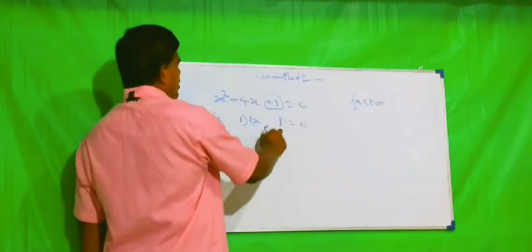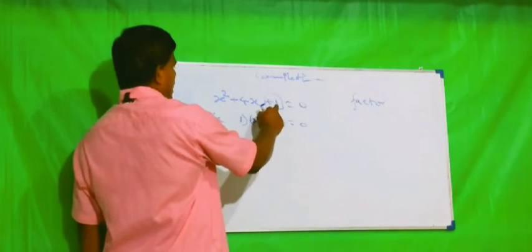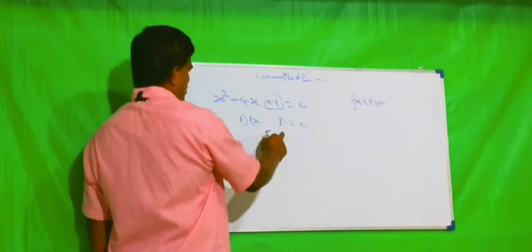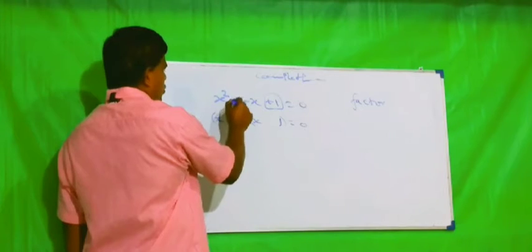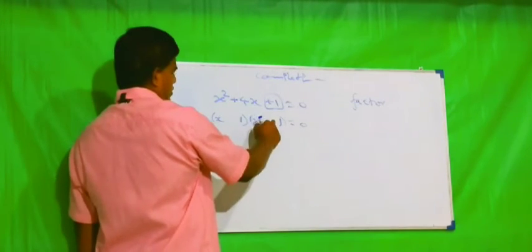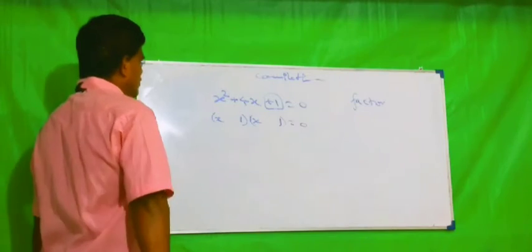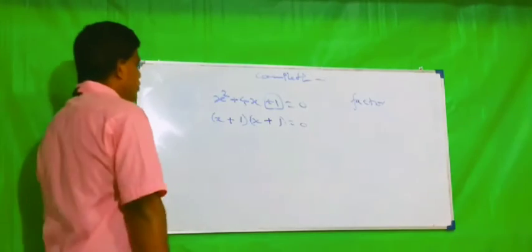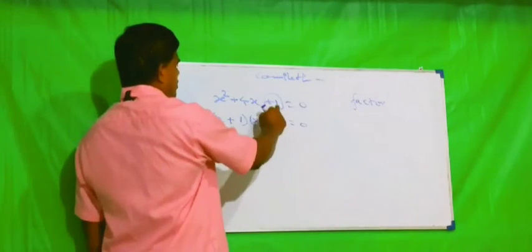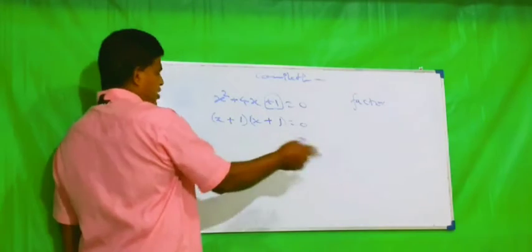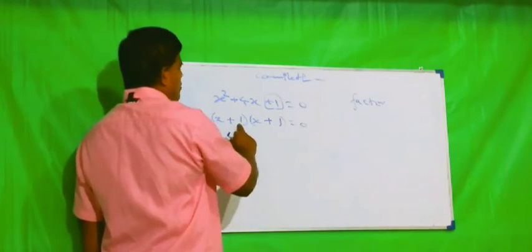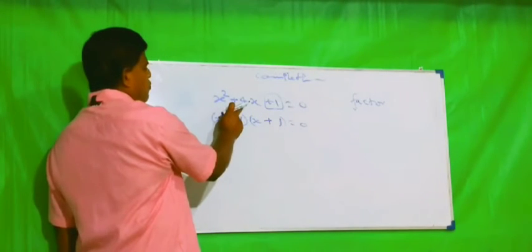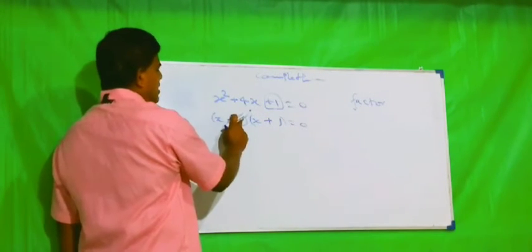Then 1 into 1 is 1. The factor of 1 is 1 only. There is no minus sign here because all terms are positive. Then 1 into 1 exactly, but if we take the addition of these values, 1 plus 1 is 2, but here the coefficient of the midterm is 4, so these factors are not suitable.